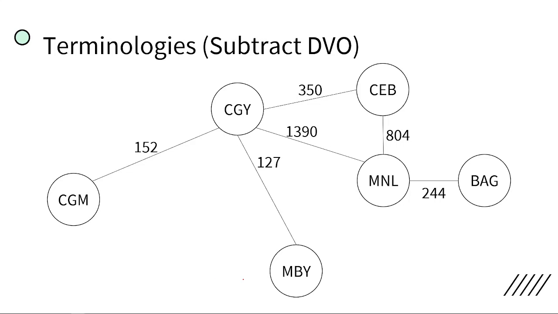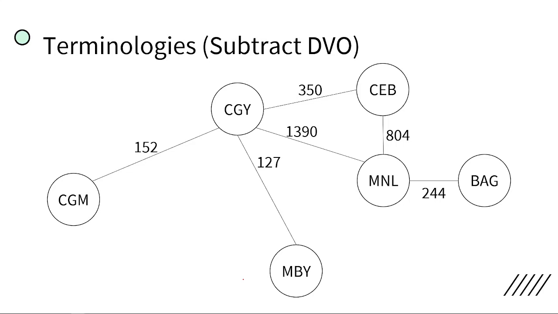So again, if you subtract a vertex, the vertex disappears, and the edges from that vertex to the other vertices disappear.